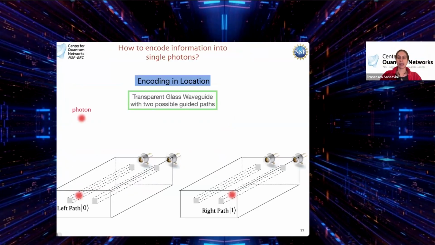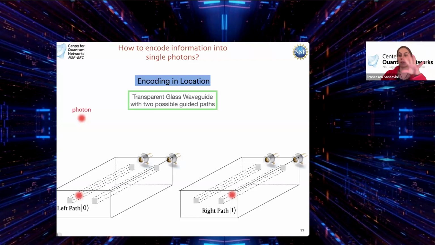So encoding, for example, in location, which is the photon beam path encoding, is done in the following way. We have transparent glass waveguides. For example, an optical fiber is a type of waveguide, or you have typically these crystals that are optically carved to create these guides for photons, guides for light.